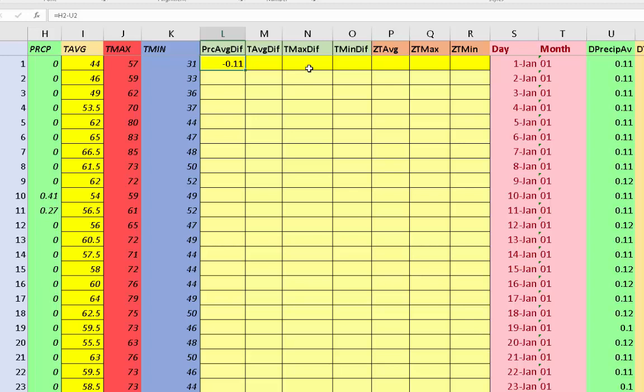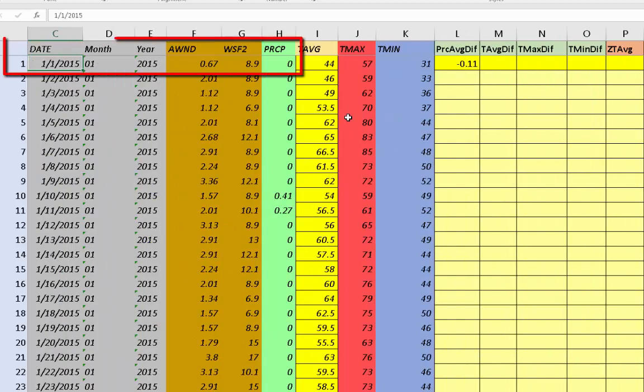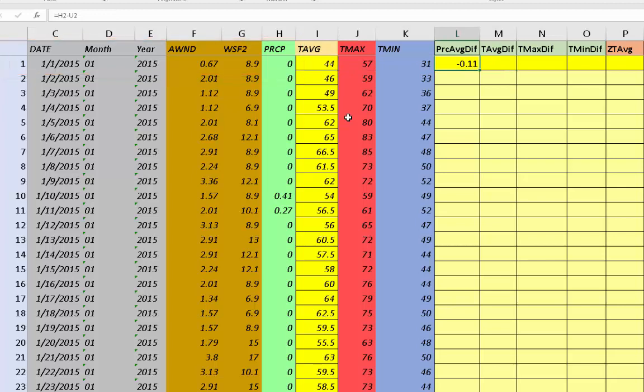And what you have is a negative 0.11, which is a negative 1/10 of an inch of rain. Normally it rains about 1/10 of an inch on January 1st, but on January 1st, 2015, the precipitation total was 0, and so for that day we're just about 1/10 below what's average.